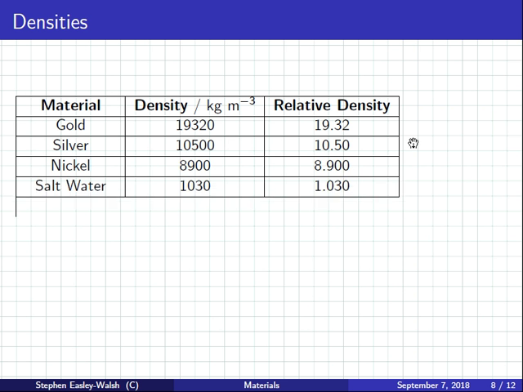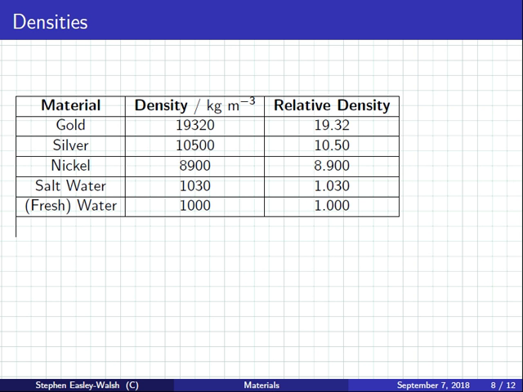Next one is salt water, like ocean water. 1,030. Next one is fresh water, which is 1,000. Ice is 916.